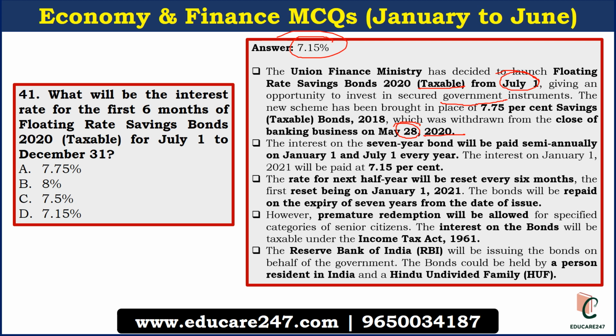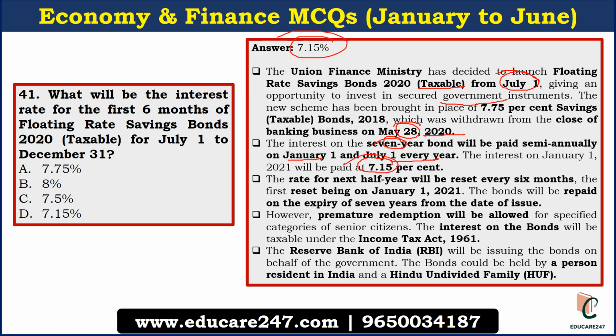The interest on the 7-year bond will be paid semi-annually on January 1st and July 1st every year. So basically the maturity period for this bond will be 7 years and the interest will be paid semi-annually, after every 6th month. So from July 1 to December 31st, the interest rate will be 7.15%.